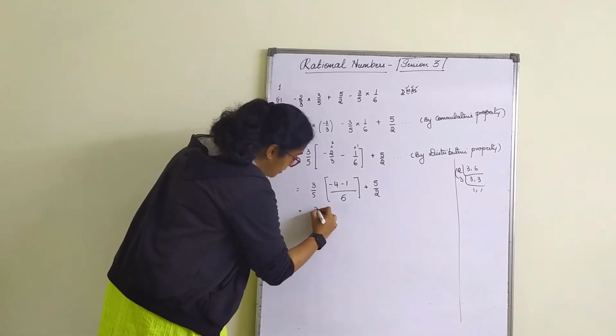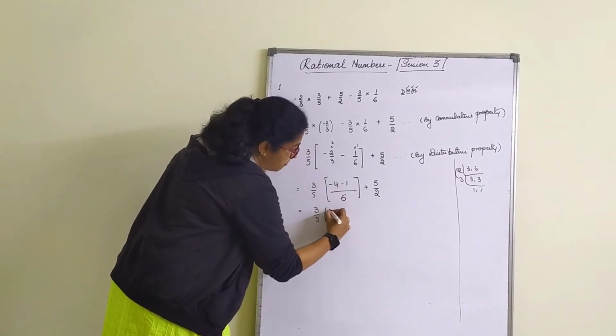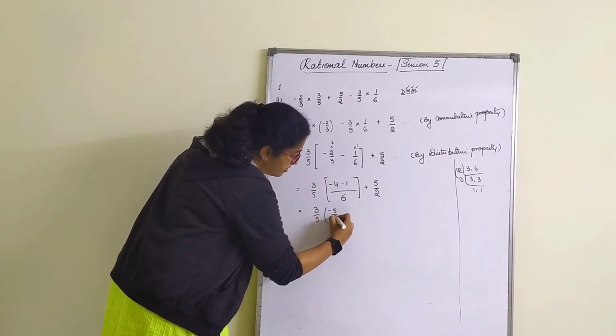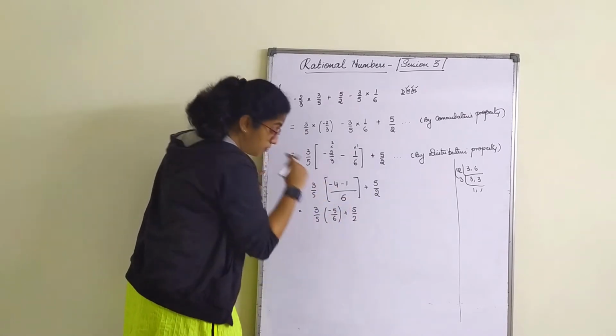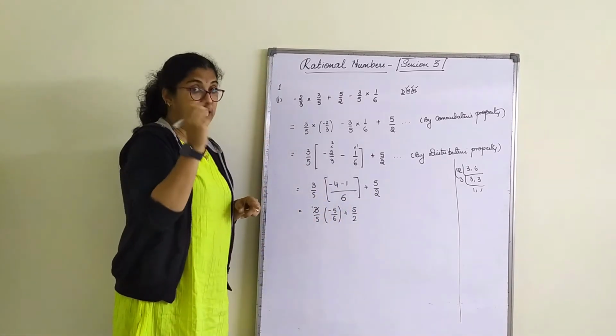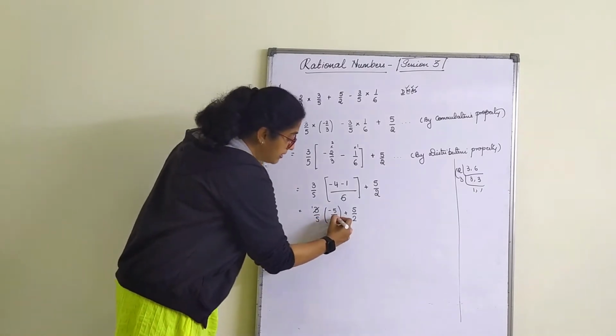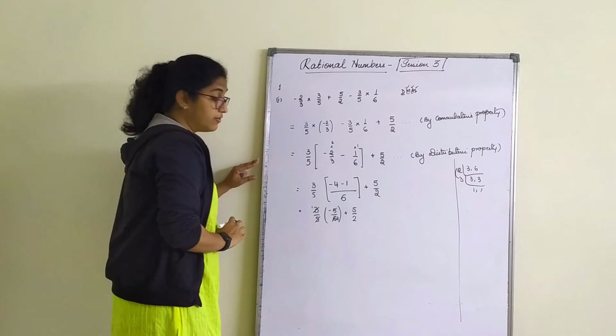Next step, 3 by 5 into minus 4 minus 1 is minus 5 by 6 plus 5 by 2. I can cancel this now. 3 ones are, 3 twos are, 5 ones are. Please use a pencil for cancellation.